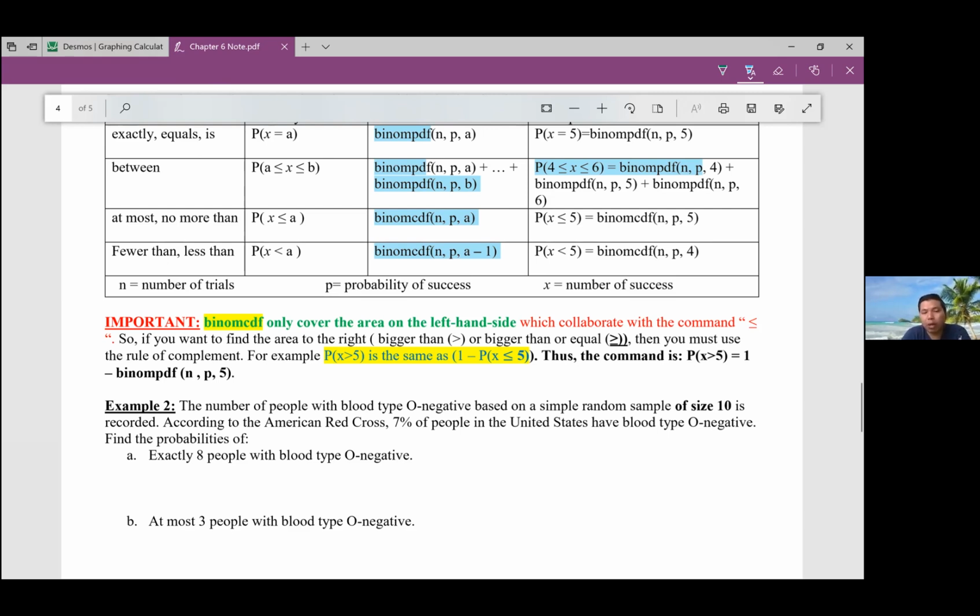For example, for P of X bigger than 5, I have to do 1 minus P of X less than or equal to 5. Or for P of X bigger than or equal to 6, I do P of X less than 6, and then take the complement of that. That's the idea. Does that make sense, guys? Keep in mind this is a discrete random variable, so we go 1, 2, 3, 4, 5. That's the concept we're going to try out.